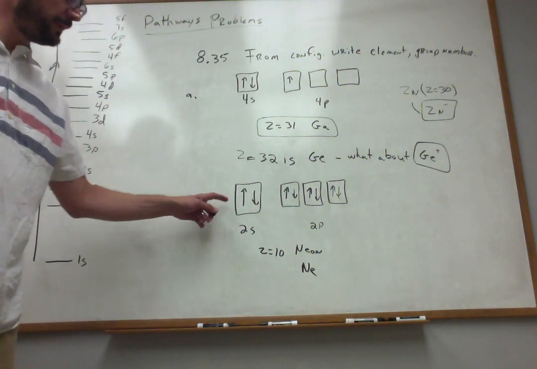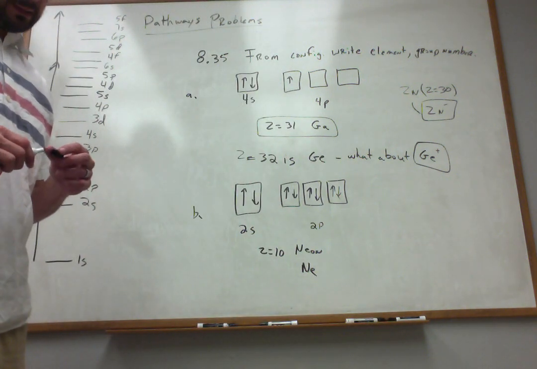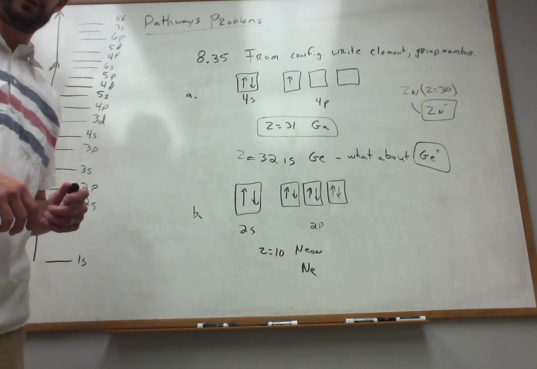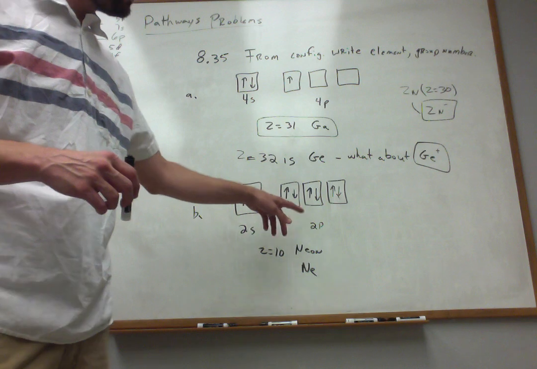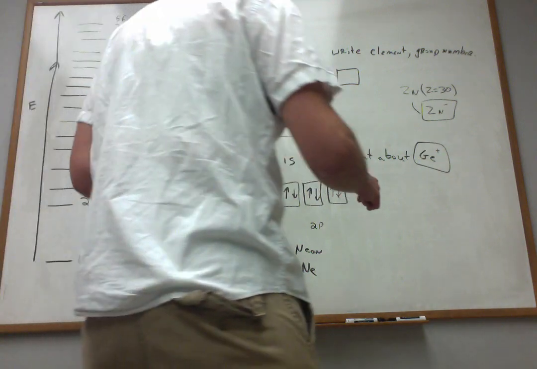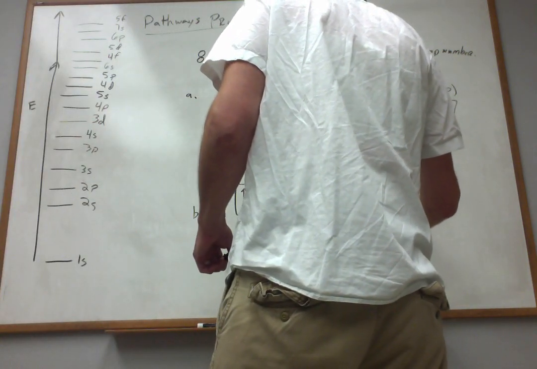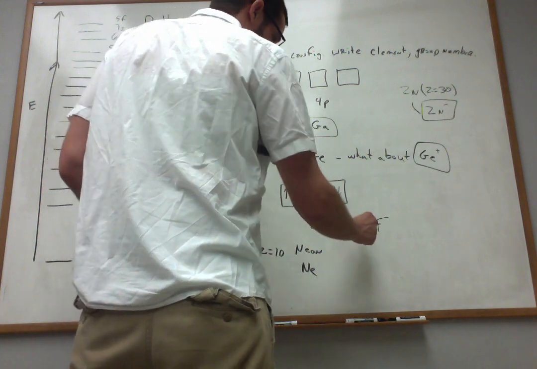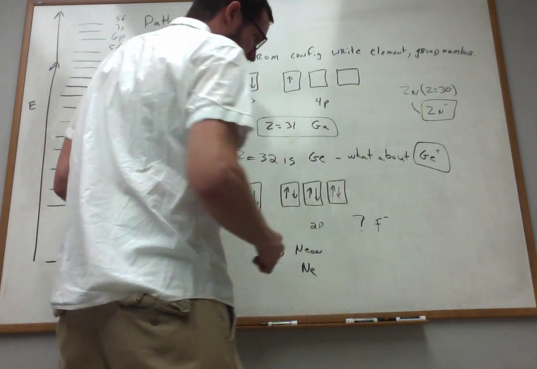So this is fully consistent with neon's electron configuration, neutral neon. It's a noble gas, it's got the full s and p shell in its valence level. But, let's see, what about F minus 1, like a fluoride ion?